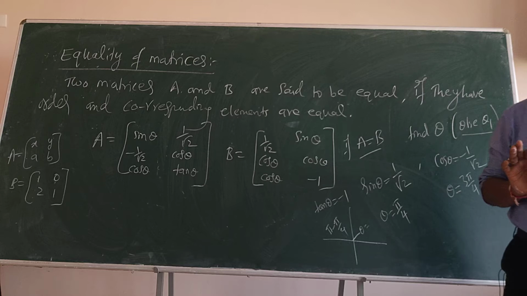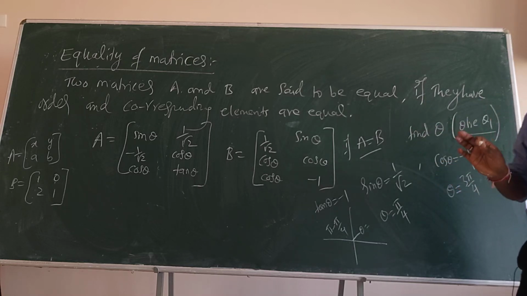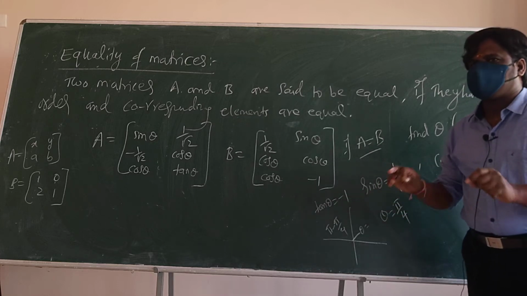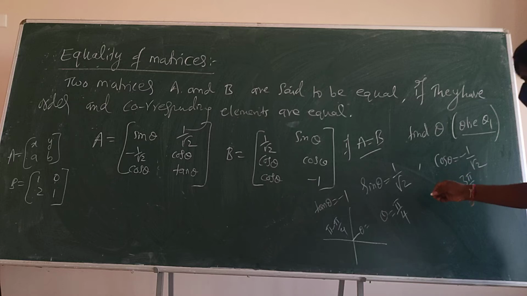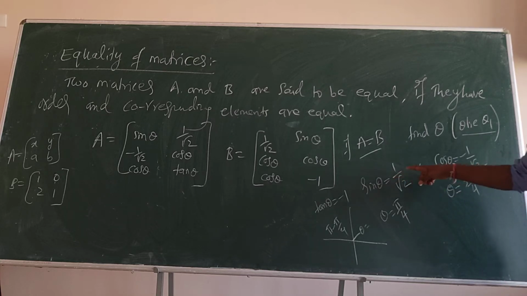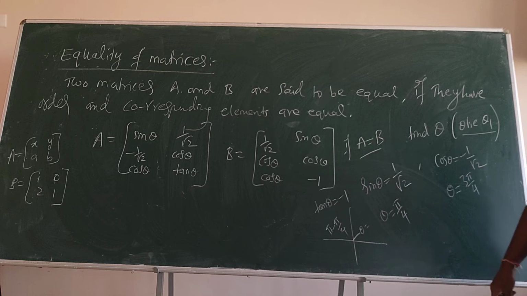But if they ask for the general solution, with theta not restricted to the first quadrant, then we will see in which quadrant you get sine positive, cos negative, tan negative. That is the second quadrant.